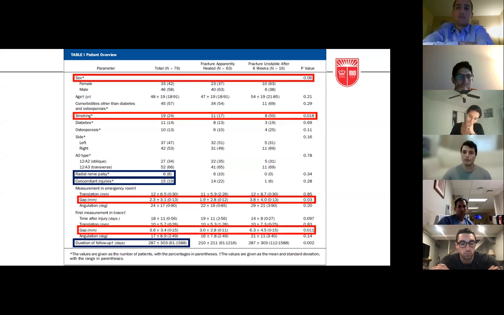The main things that were statistically different between those who healed and those who were still unstable at 6 weeks were that females were more likely to require operative treatment, smoking history, and, of the measurements in the ER, the gap. They took these 3 factors, smoking, sex, and gap, and did a bivariate regression analysis.